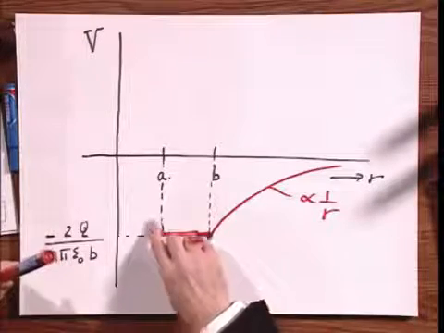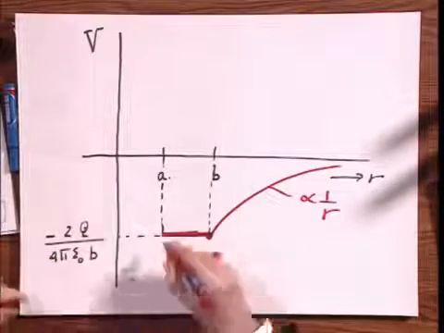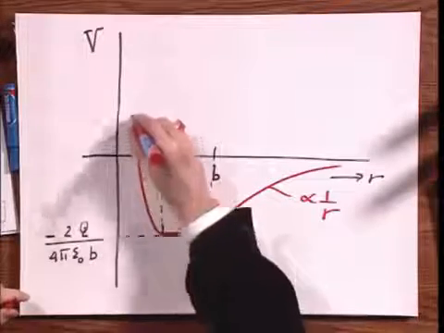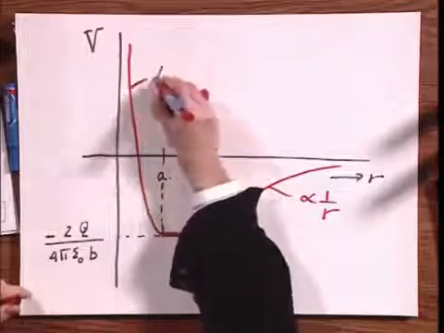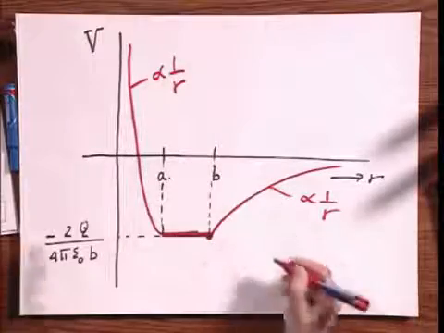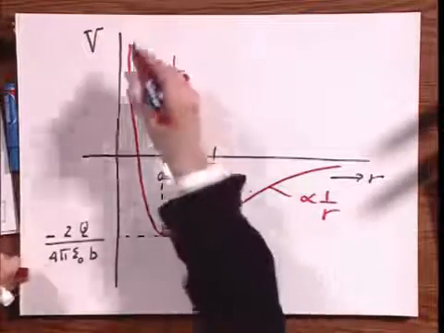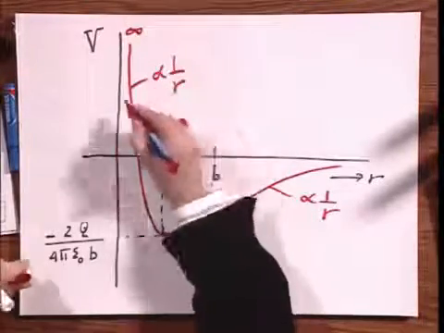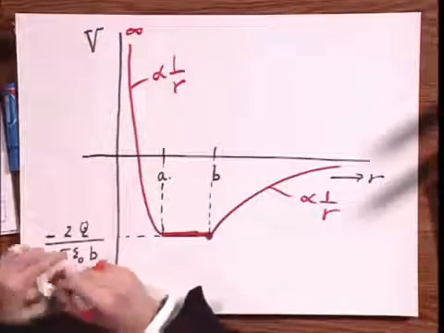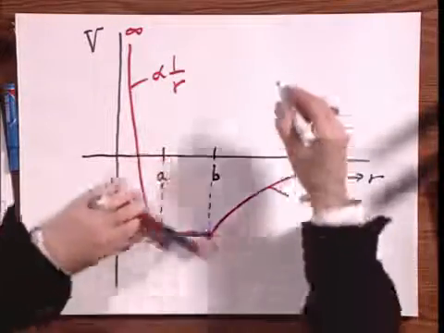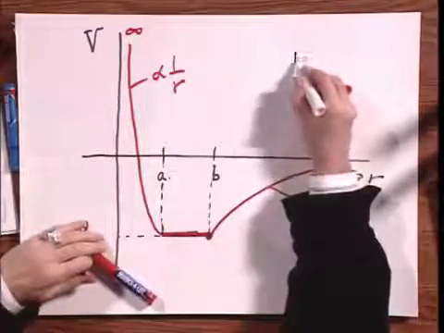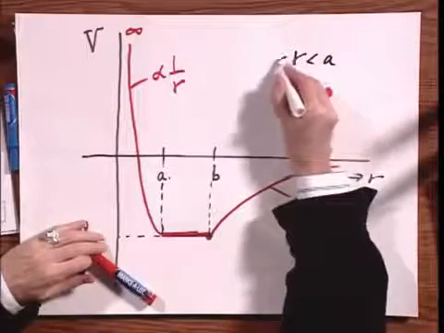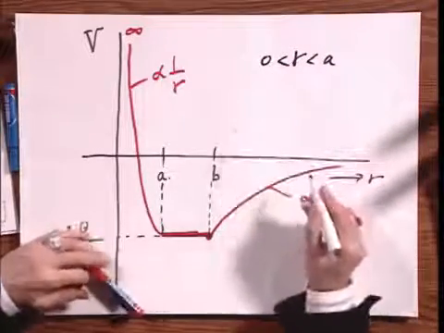Now the potential will increase again. And I'll bet you anything that it will also increase as 1 over r, and it will go to infinity at r equals 0. So I want you, with a Gaussian surface, to calculate what the potential is for r is less than a and r is larger than 0.